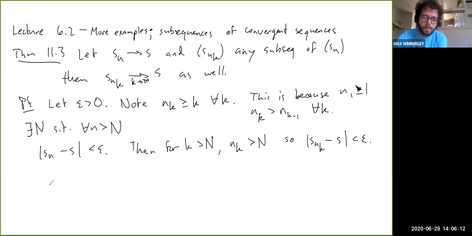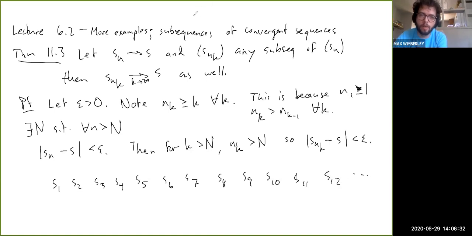Maybe another way to think about this would be like if I just had the sequence here, so S1, S2, S3, S4, S5, S6, S7, S8, S9, S10, S11, S12, and so on.